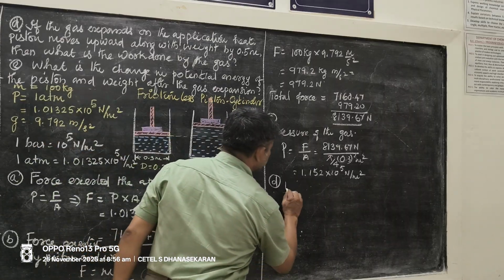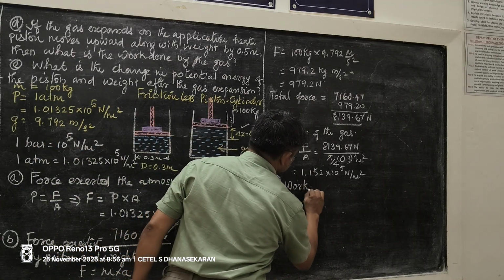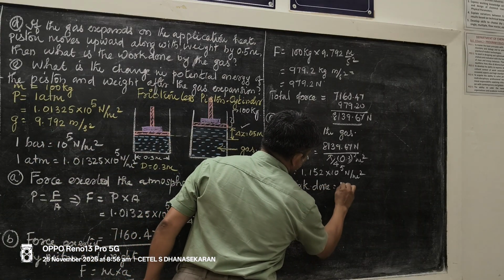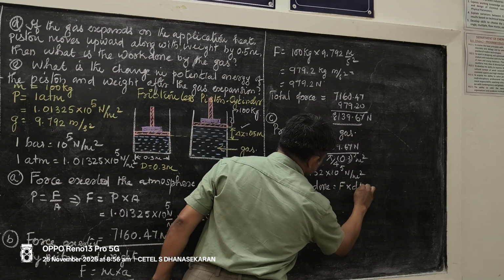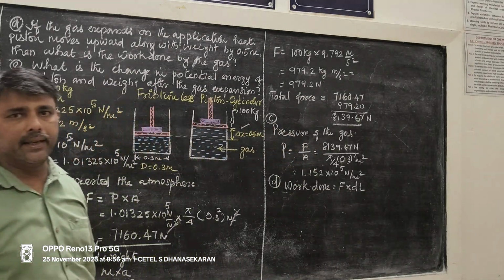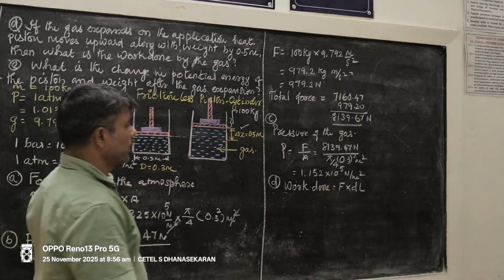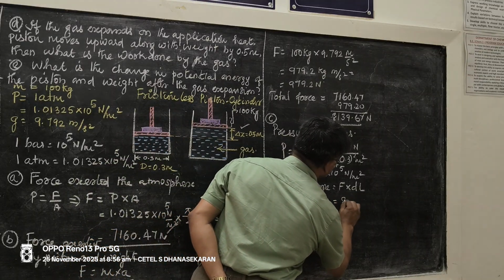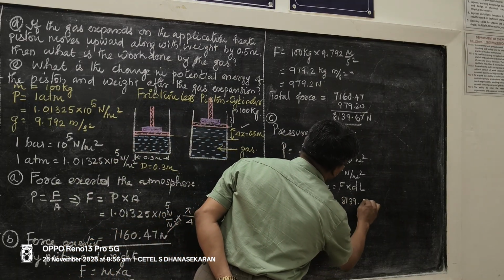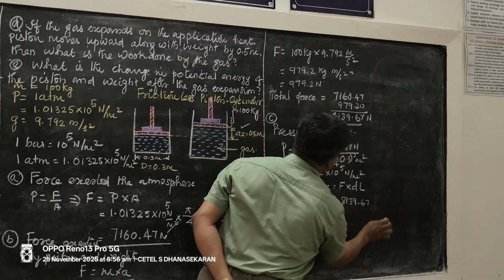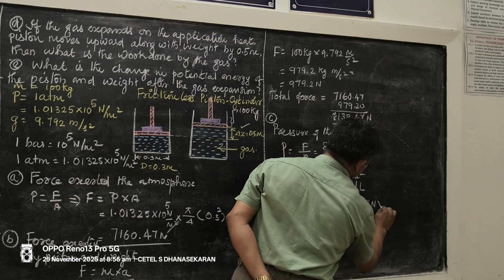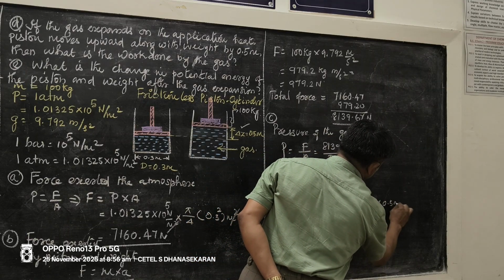Work done is equal to force into displacement dl or dz. What about the total force? 8139.67 Newton into displacement 0.5 meter.